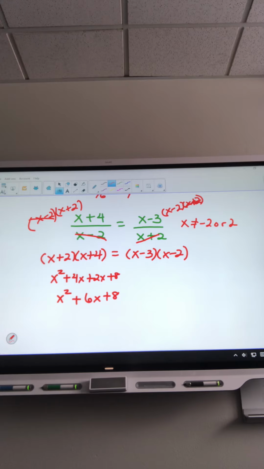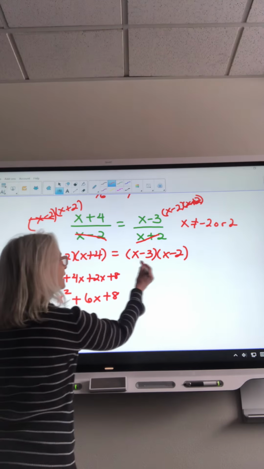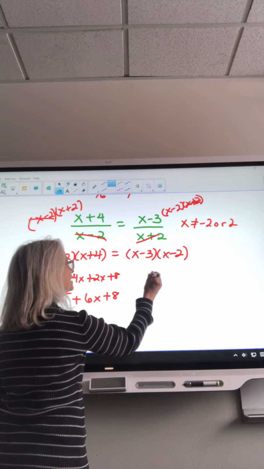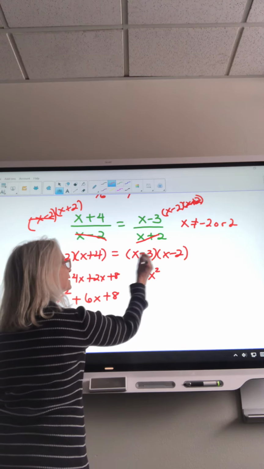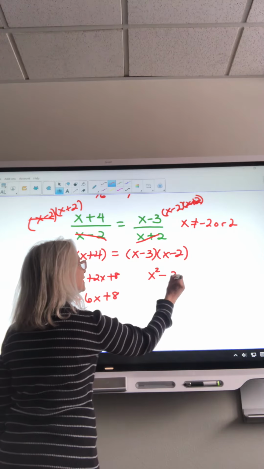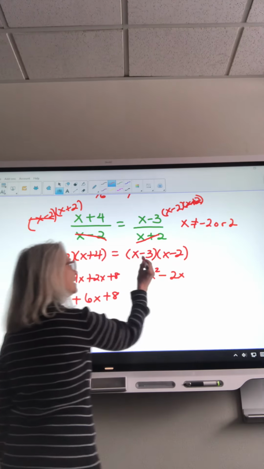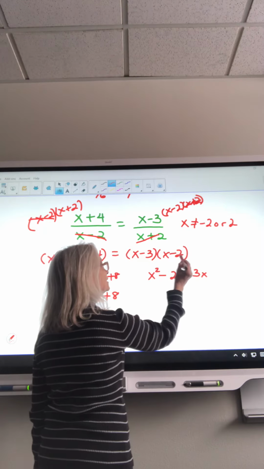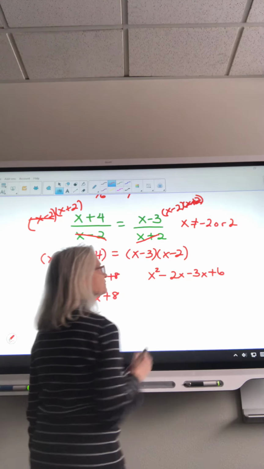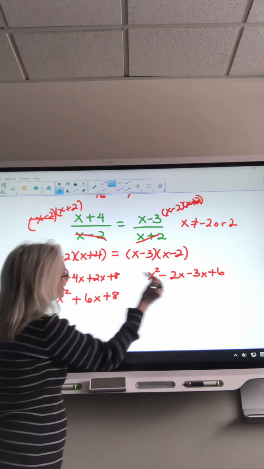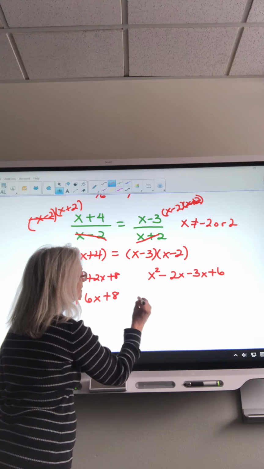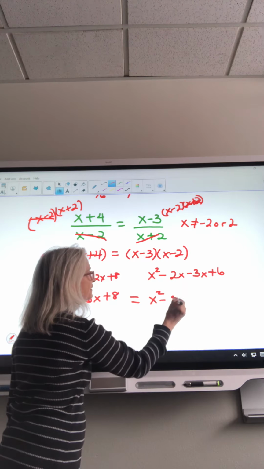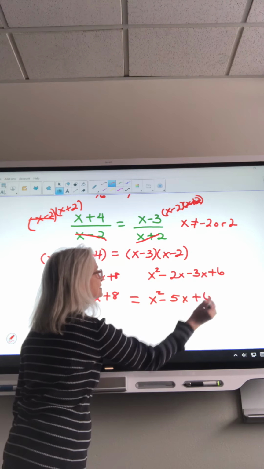So the next thing we're going to do is FOIL out the x minus 3 and the x minus 2. So x times x is x squared. x times a negative 2 is a negative 2x. A negative 3 times x is a negative 3x. A negative 3 times a negative 2 is a positive 6. If we combine the like terms, we end up with x squared minus 5x plus 6.